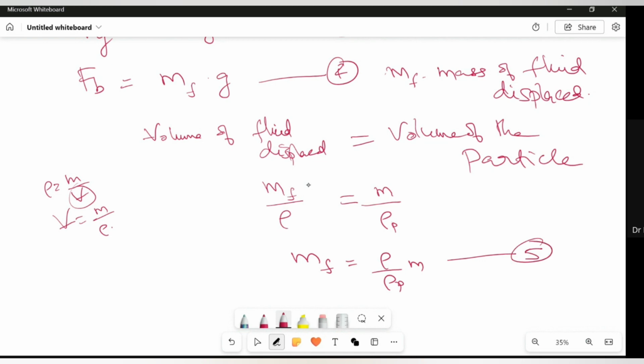I repeat, the volume of the fluid displaced is equal to the volume of the particle. Mass density is the ratio of mass per unit volume, so rearranging, volume equals mass by density. On the left side we write volume in terms of the mass of the fluid by the density of the fluid. On the right side, the volume of the particle is the mass of the particle by the density of the particle. Rearranging, we write the mass of the fluid equal to rho by rho p into m, equation number 5.